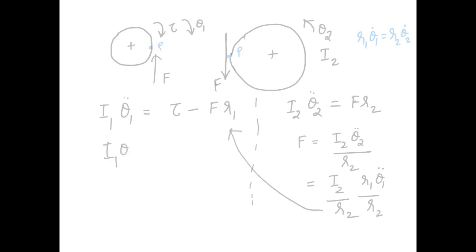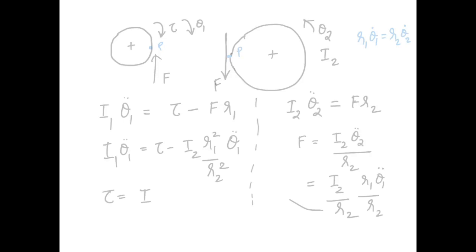Now we get I1 theta 1 double dot equal to tau minus I2 times R1 square over R2 square times theta 1 double dot.